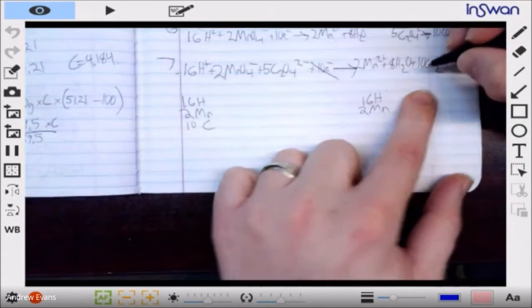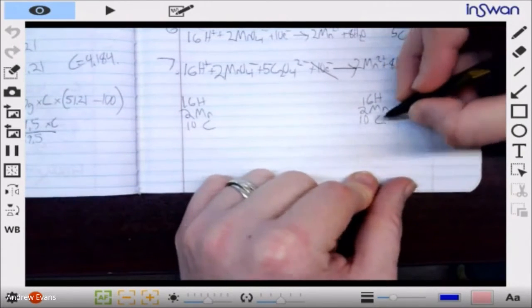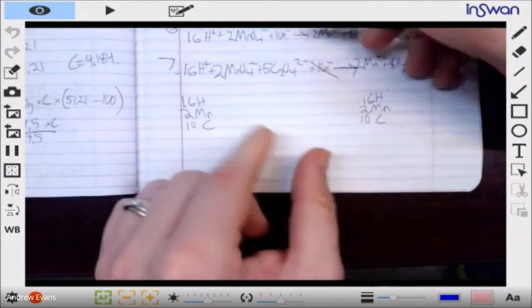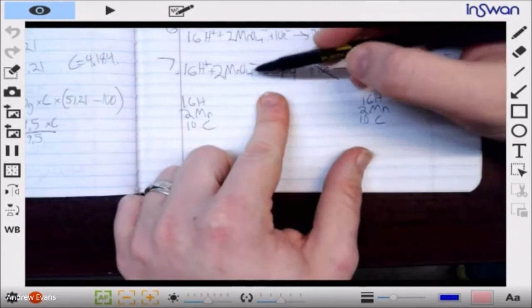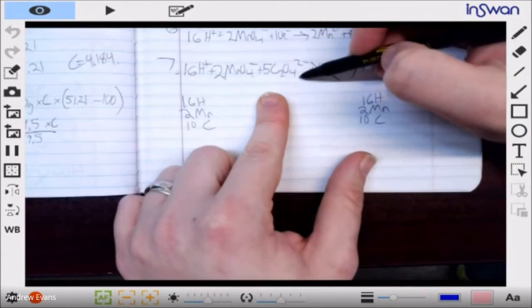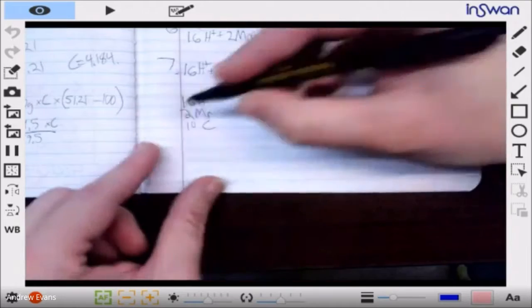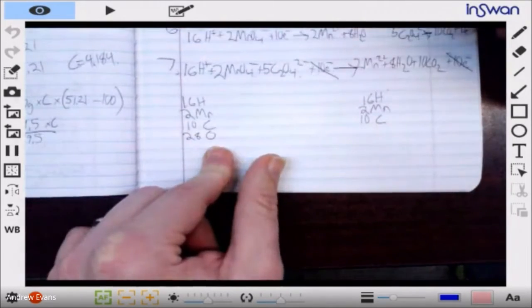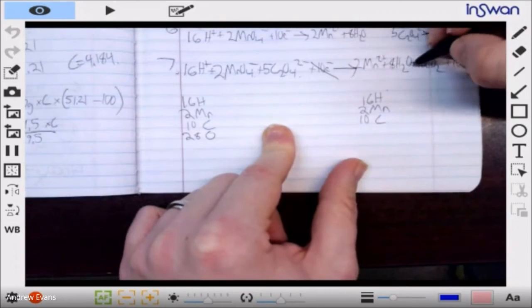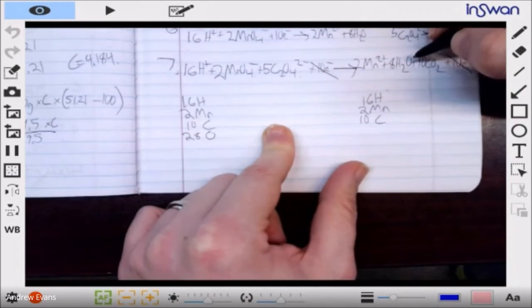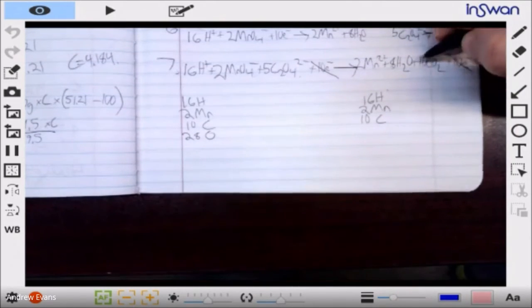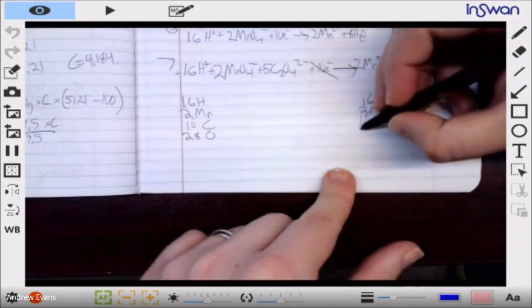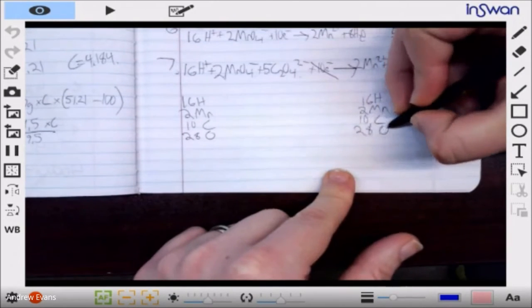There's 10 C's. Now here's the hard part. 2 times 4 is 8. 5 times 4 is 20. There are 28 O's. 8 times 1 is 8. 10 times 2 is 20. There's 28 O's.